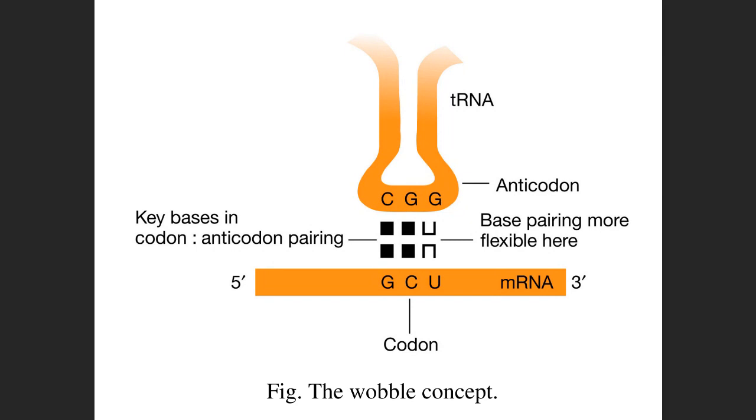The third is flexible, and so allows a less frequent matching, because remember you have 4 different codons. Maybe one tRNA can match 4 different codons, right? And so this is where the wobbling concept comes in.